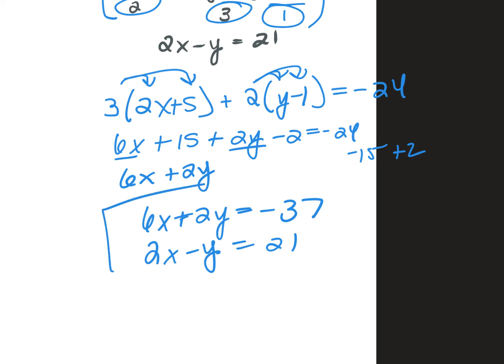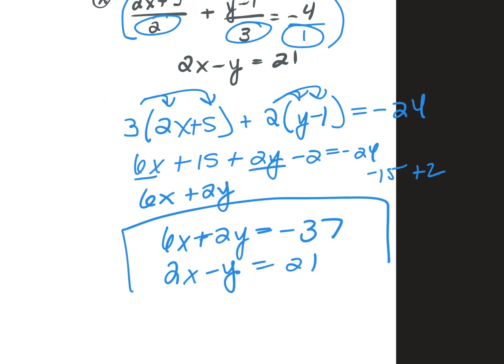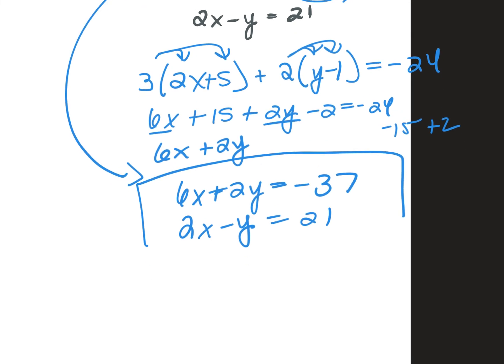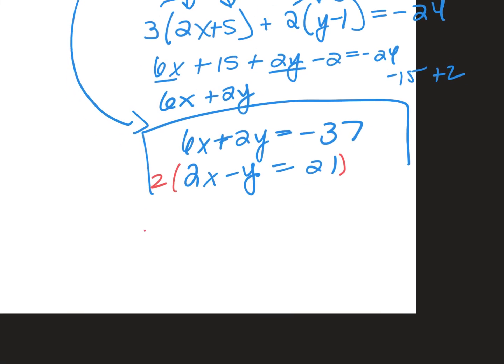So now I'm going to solve these two. 6x plus 2y equals negative 37 is the same thing as this top equation here. We just got rid of the denominator. So now I'm going to eliminate my y's because all I have to do is multiply the bottom equation by 2. So I have my initial 6x plus 2y equals negative 37.